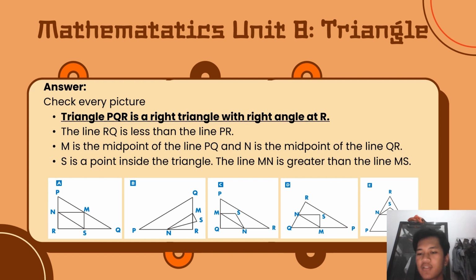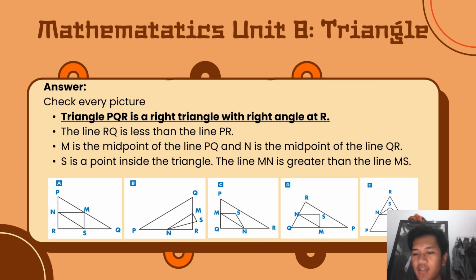And picture C is a right triangle, but the right angle is at point Q. So picture C is wrong because the right angle is not at R, but at Q. And then picture D. Picture D is a right triangle and the right angle is at R. So picture D is correct.